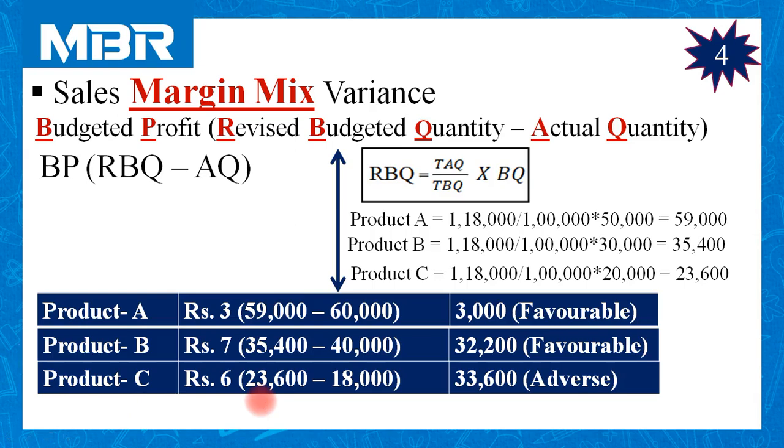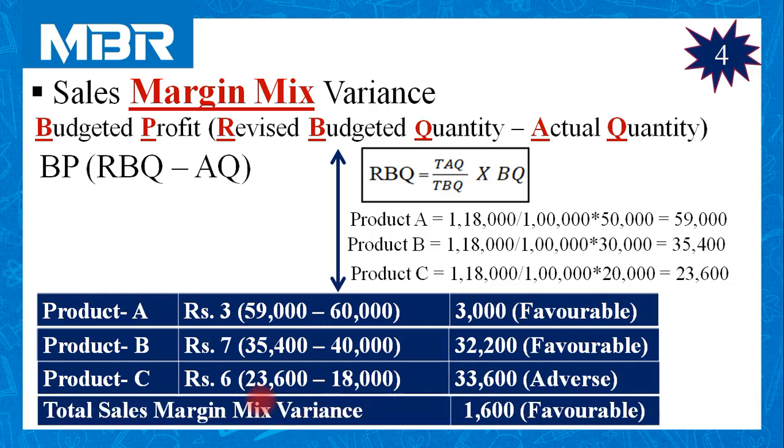So this variance is adverse by rupees 33,600. Total sales margin mix variance is nothing more than a total of the sales margin mix variance of product A, B and C. It is rupees 1,600 favorable.